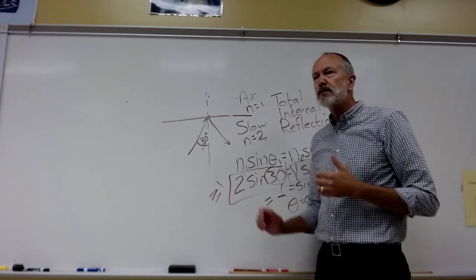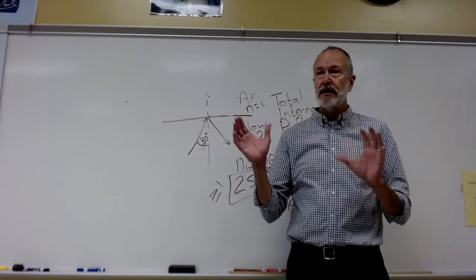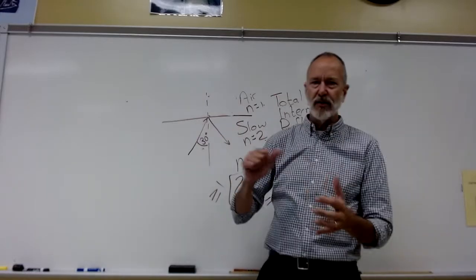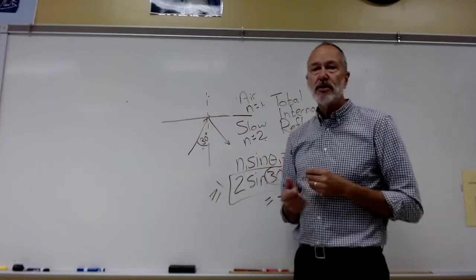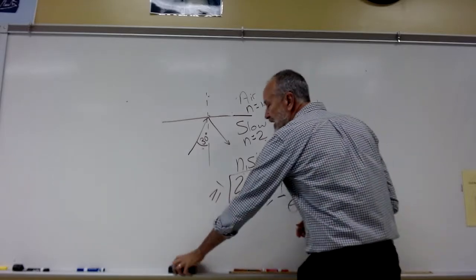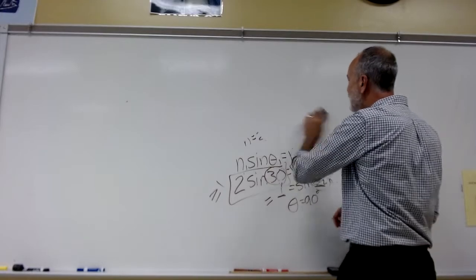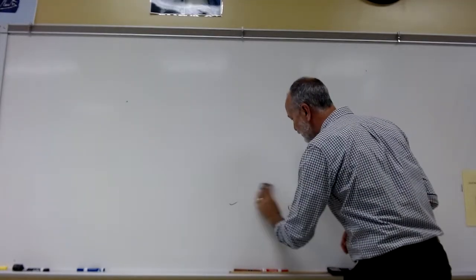If you've ever looked at a fish tank and there's certain angles you can't see certain parts and you're trying to go around and you see it, that's based on total internal reflection. And in fact, fiber optics, if you have Verizon Fios, that's based on total internal reflection.